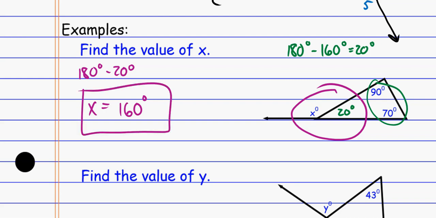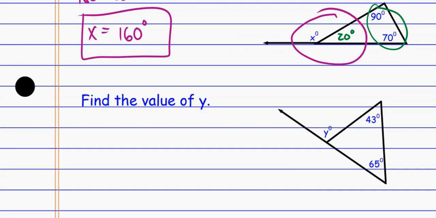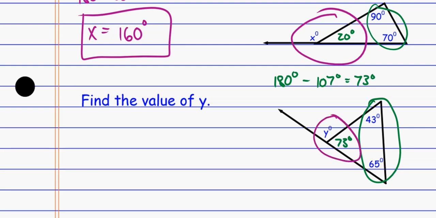If I do the same thing with the next one here, once again, let's start inside the triangle. I know that inside the triangle, these have to add up to 180 degrees. So these 2 together, if I do the 43 degrees plus the 65 degrees, that's 107 degrees. And now to find the missing angle, I have to do 180 minus that. And so when I subtract these, that gives me 73 degrees. So that's the missing angle inside the triangle. And now I look at this and say, hey, this makes a line right here.